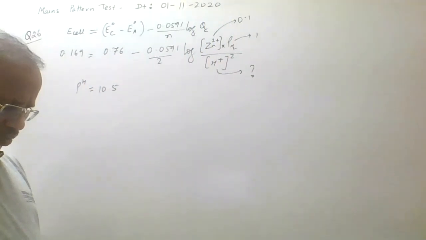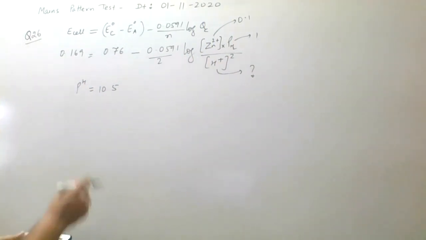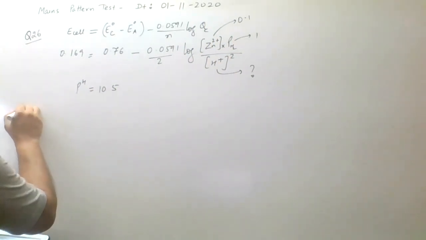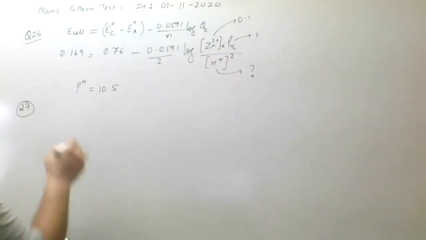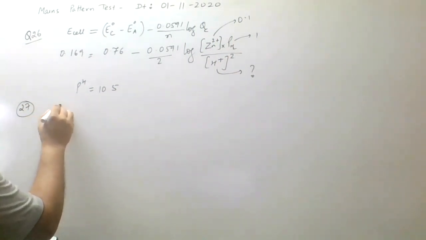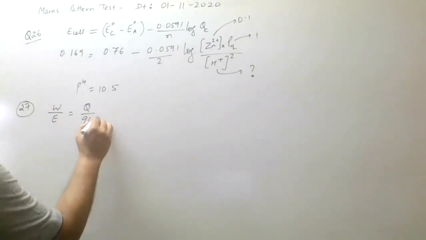The next question is 27. In question 27 we have to calculate what is the amount of chlorine evolved when 2 ampere of current is passed for 30 minutes. We can calculate that by using Faraday's law. Weight upon equivalent weight will be equal to Q by 96500.